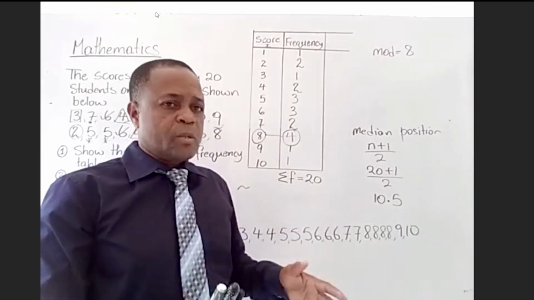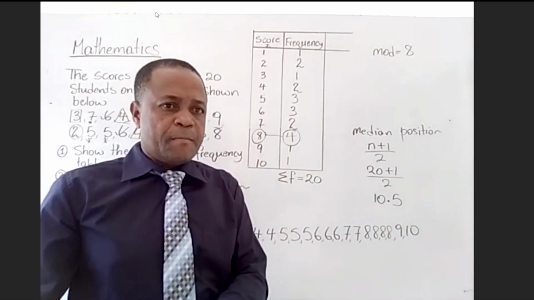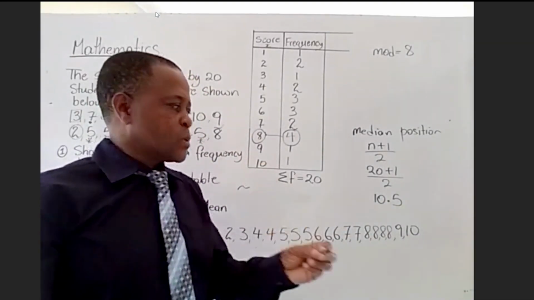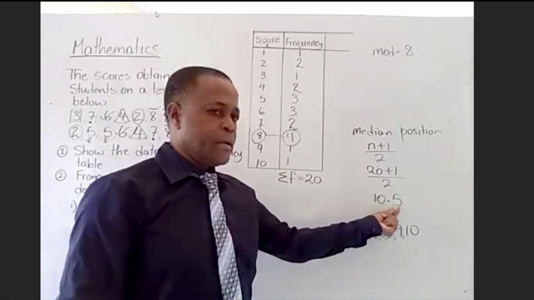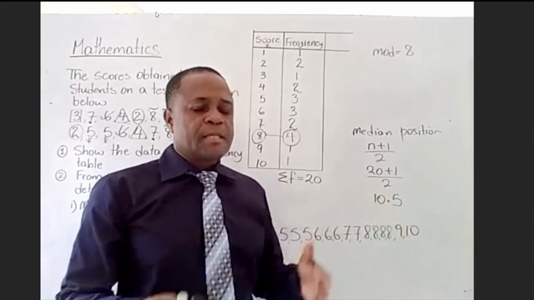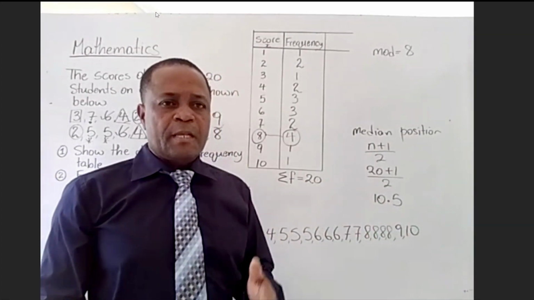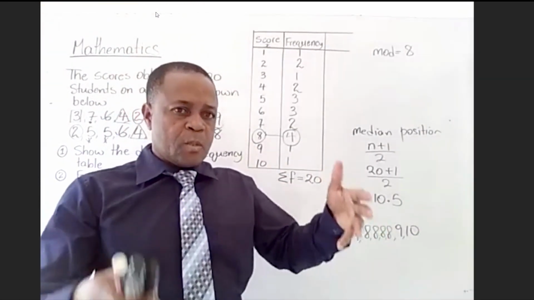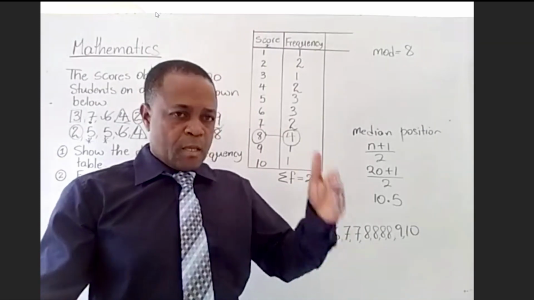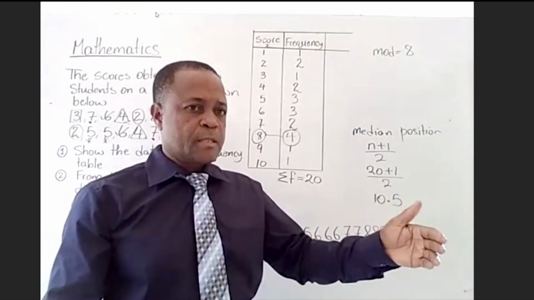This is actually indicating to us where to find the median. Because we end up with a decimal number, 10.5, the median will fall between two positions.